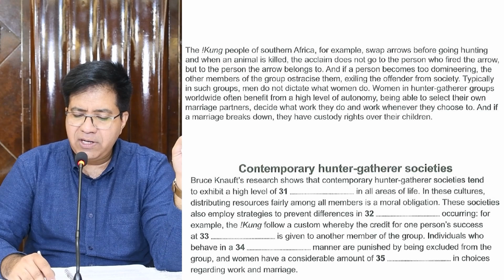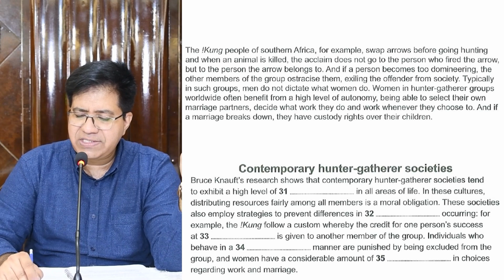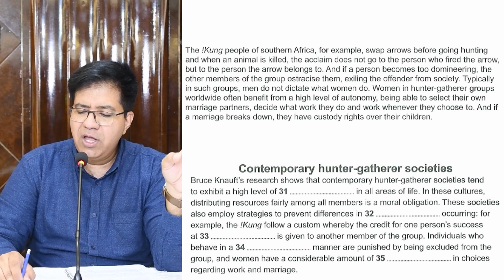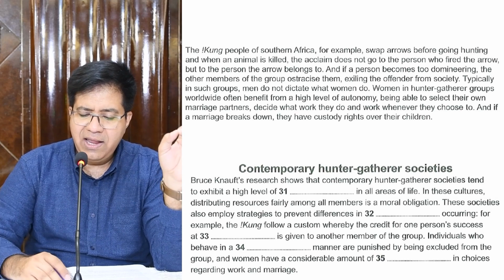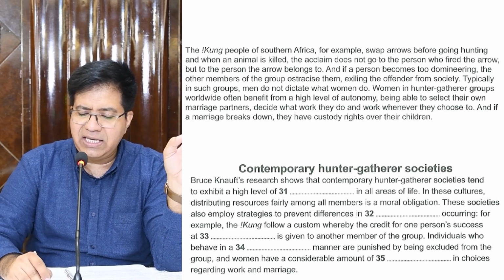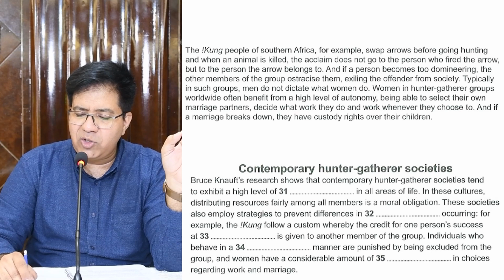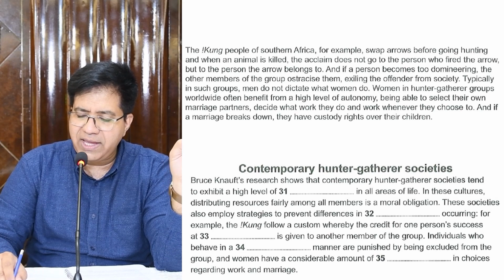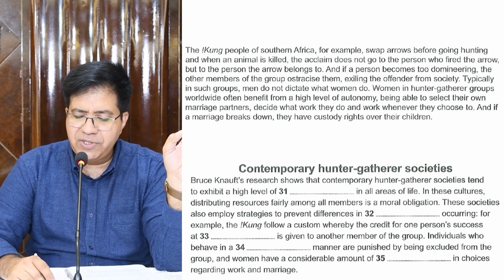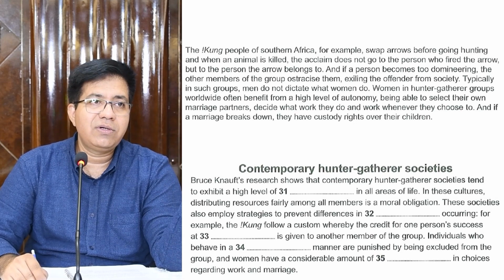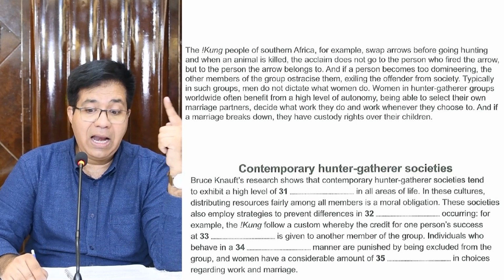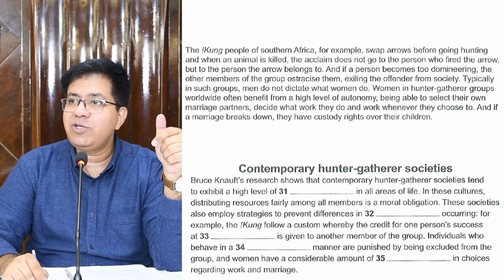The Kung people of southern Africa, for example, swap arrows before going hunting, and when an animal is killed, the acclaim does not go to the person who fired the arrow, but to the person the arrow belongs to. So what's the answer? Hunting. Have you understood what they used to do?